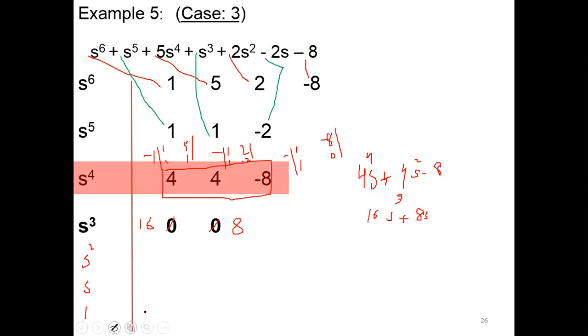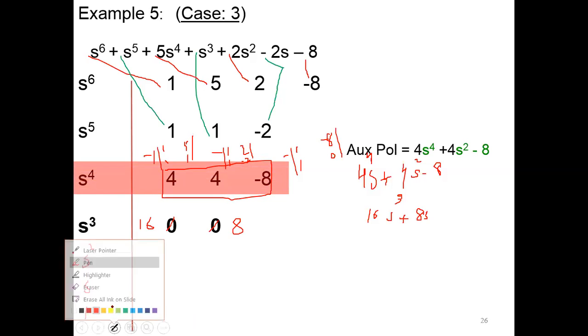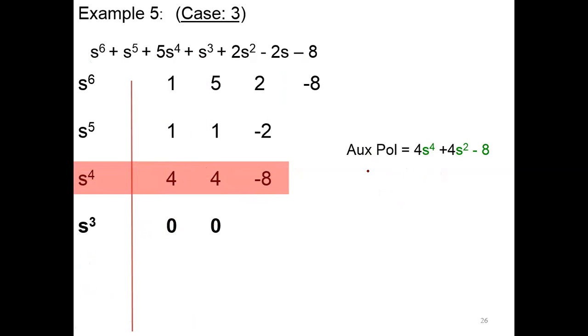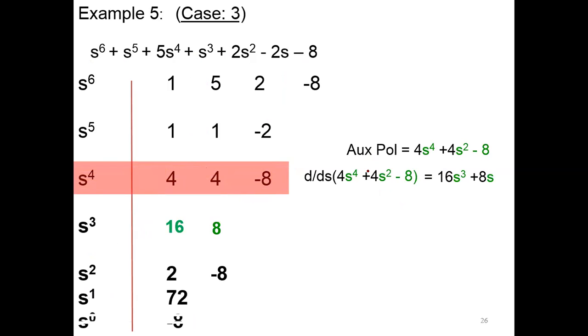So this is our auxiliary polynomial. Differentiating gives us these values 16 and 8, and solving these values in the Routh table we get this.